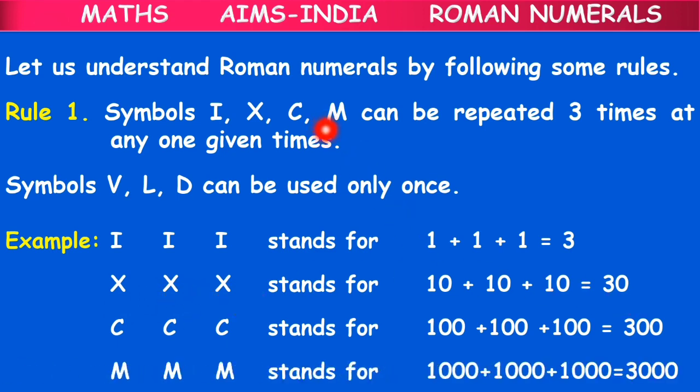And lastly M is equal to 1000. So MMM stands for 1000 plus 1000 plus 1000, which gives us 3000. Clear, children? I, X, C, M can be repeated 3 times, but V, L, D can be used only once in a given number.